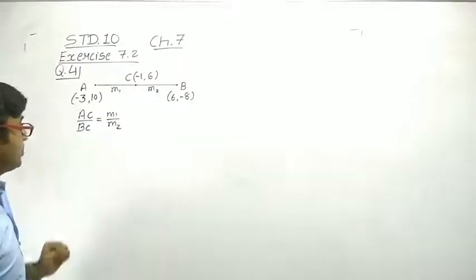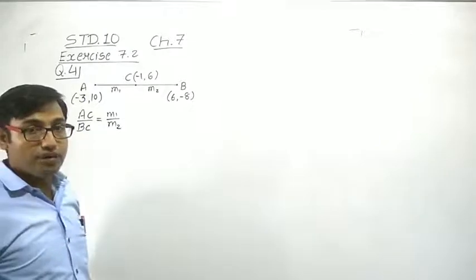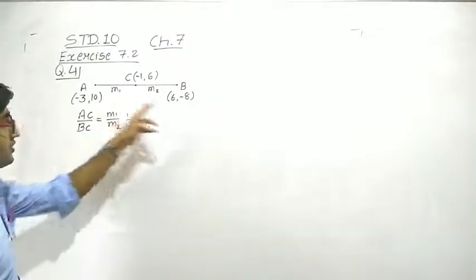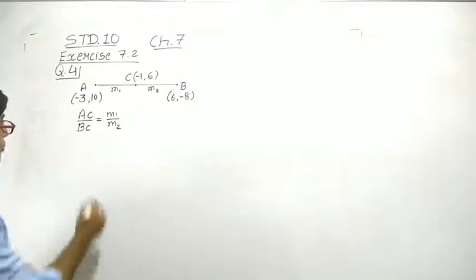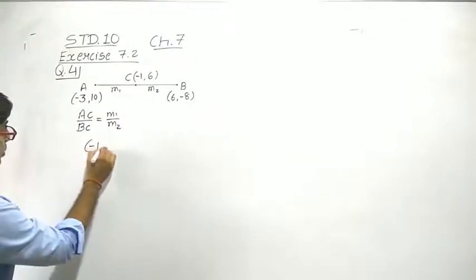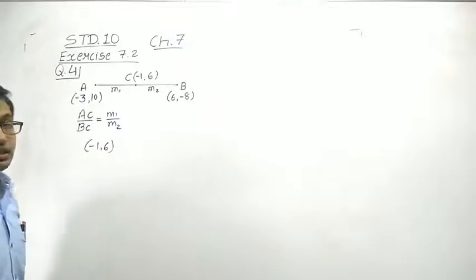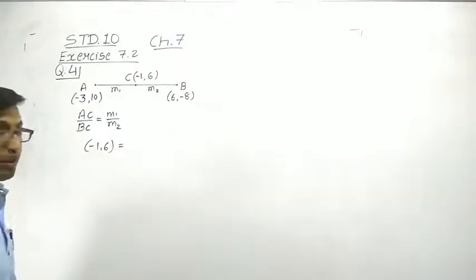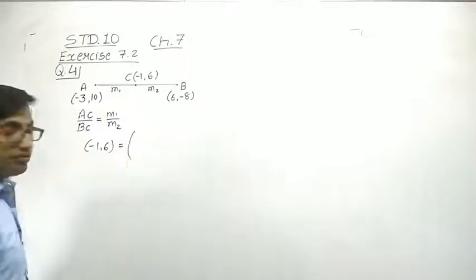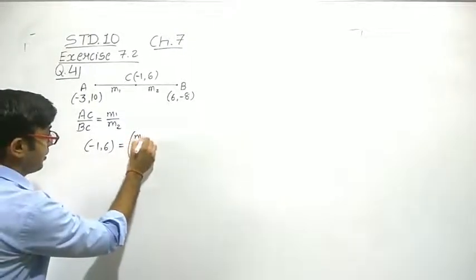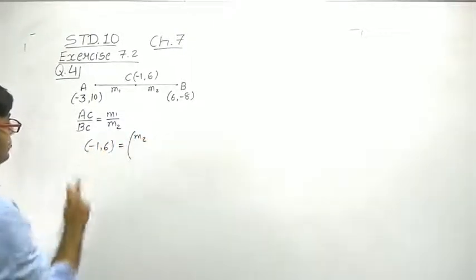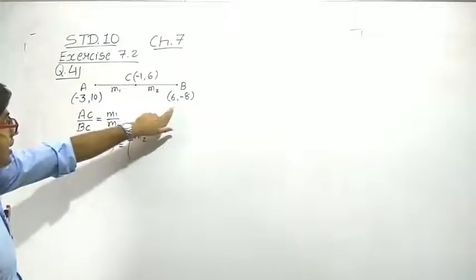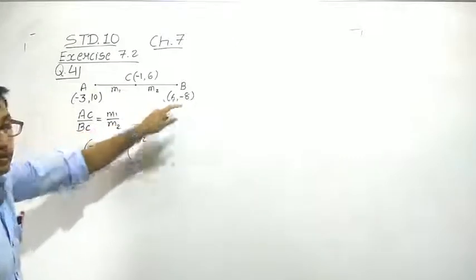So here we can use the section formula. According to the section formula, C is the point which divides the line segment AB, so we have to write the coordinates of the point that divides the line segment. And the formula is: we can take this as (x1, y1) and this as (x2, y2).